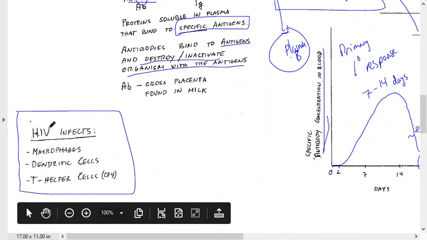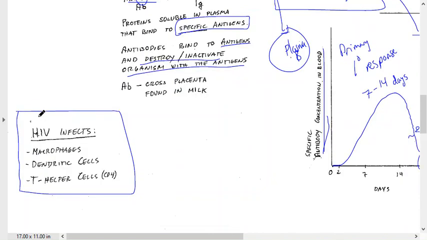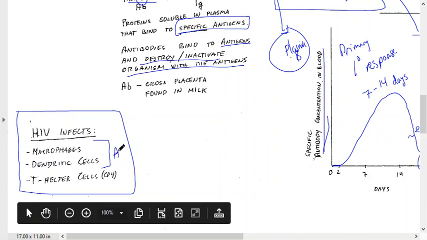But let's look at something different like HIV, because HIV has not been successful with a vaccine and getting the body to produce reliable antibodies to the virus. And this is the reason why. HIV infects macrophages and dendritic cells. Remember that macrophages and dendritic cells are antigen-presenting cells, right? So these cells are basically out of commission.